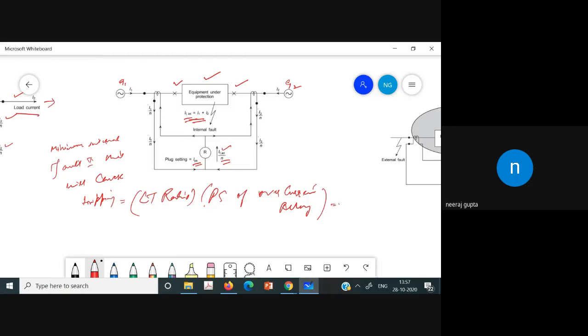That is, N into the plug setting IPS. So this is about the doubly end fed system.